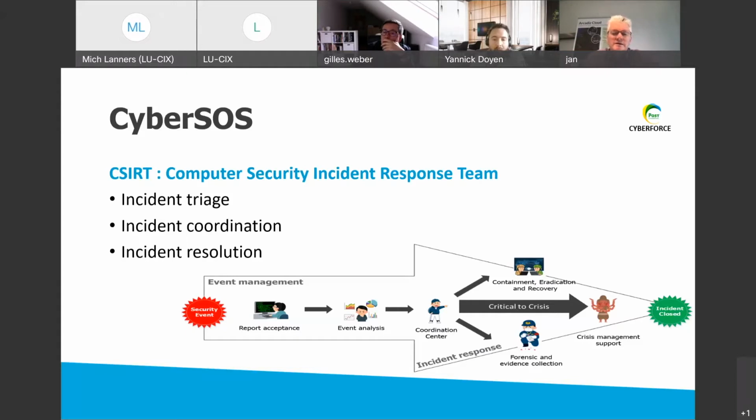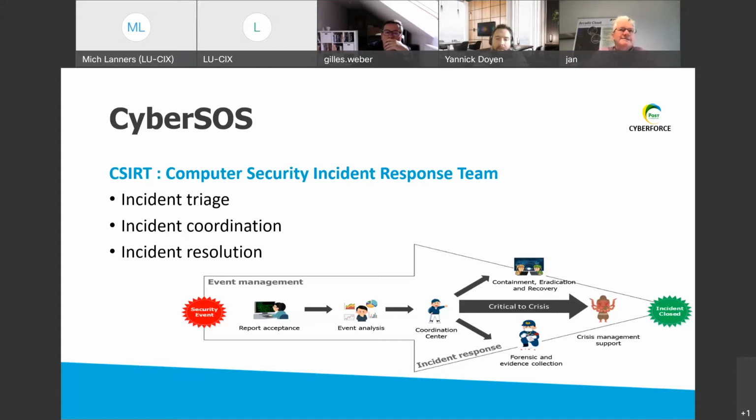After that, we also take care of incident coordination. This consists of determining the root cause of the incident, facilitating contact with other entities, making reports for the customer, communication inside and outside the constituency, and ensuring adequate threat information sharing to satisfy regulatory or legal obligations if needed.